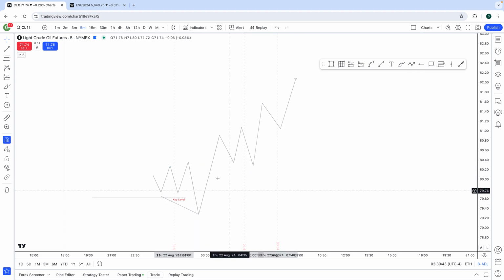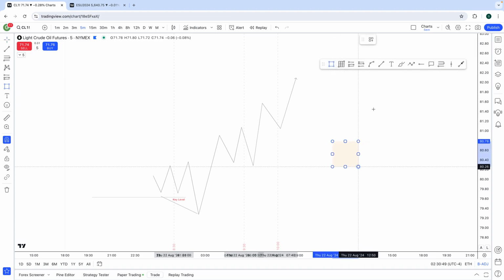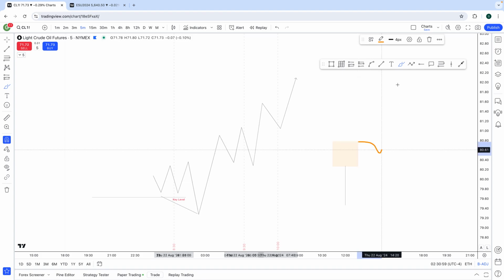If that has a convincing close, as in it closes like this, with a small body, long wick, kind of like a reversal candle, then we can expect the next candle, the 10 a.m. candle, to open low, high, close.